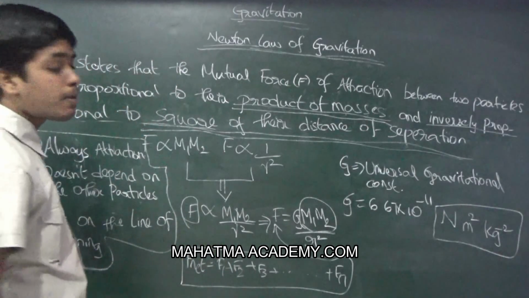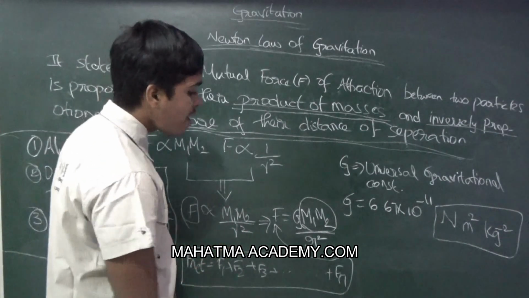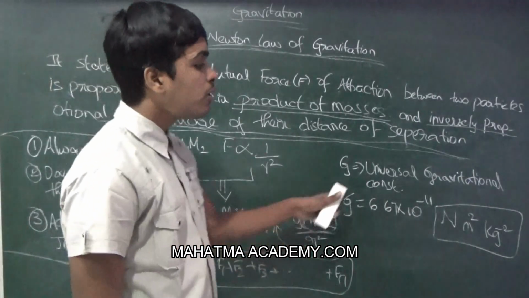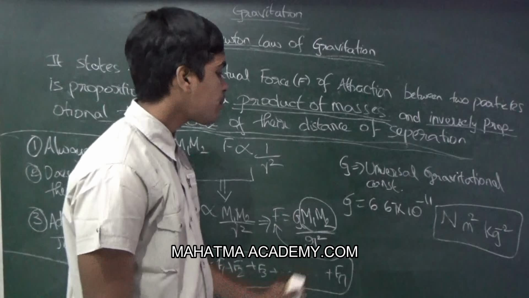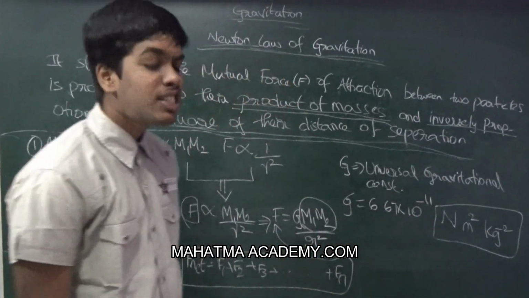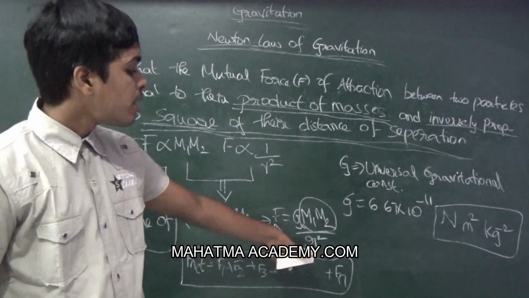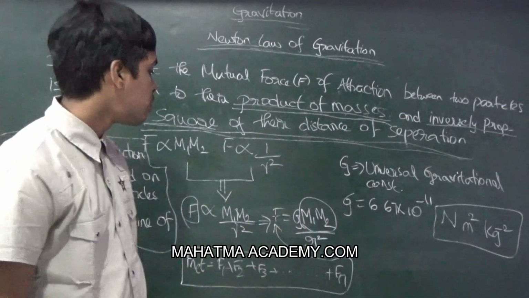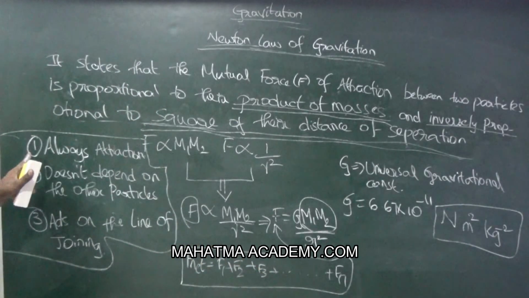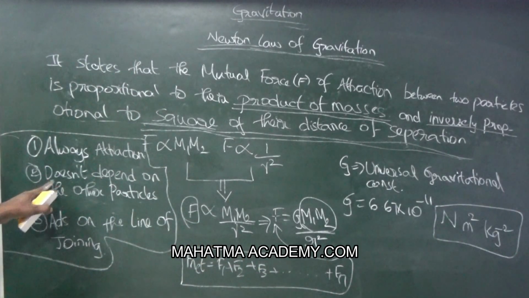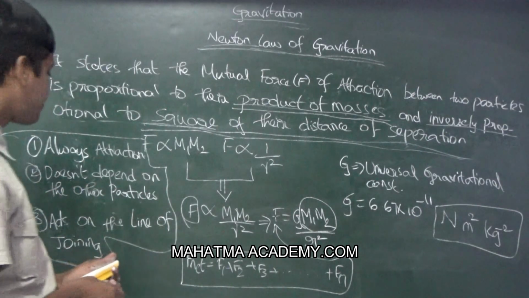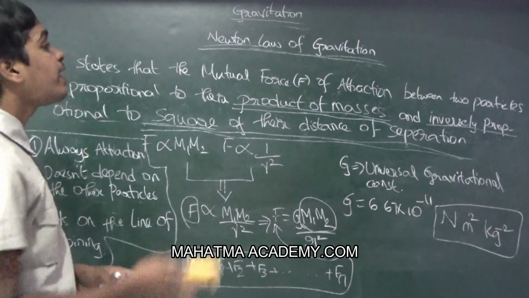So F is proportional to G m1 m2 upon r square, and G is the universal gravitational constant. The value of G is 6.67 into 10 to the power of minus 11 and the units are Newton meter square kg to the power of minus 2. And it is the superimposition principle. The points are, it is always attraction, it does not depend on other particles, and it acts on the line of joining.